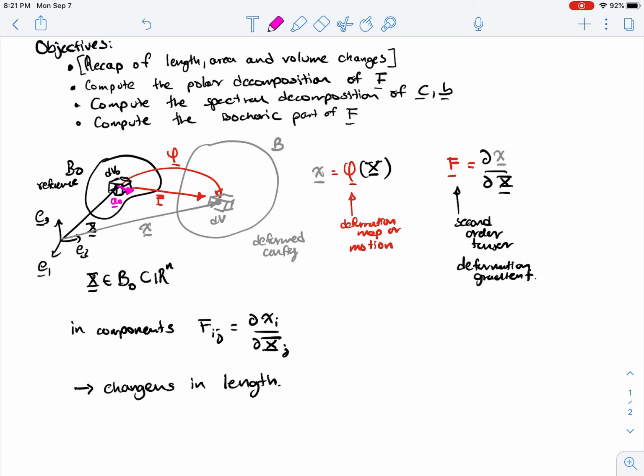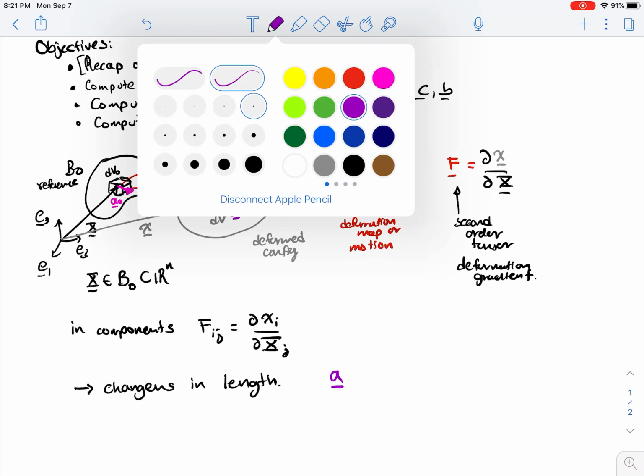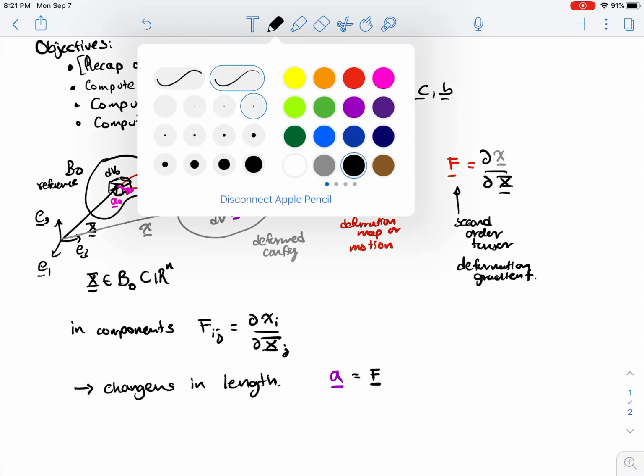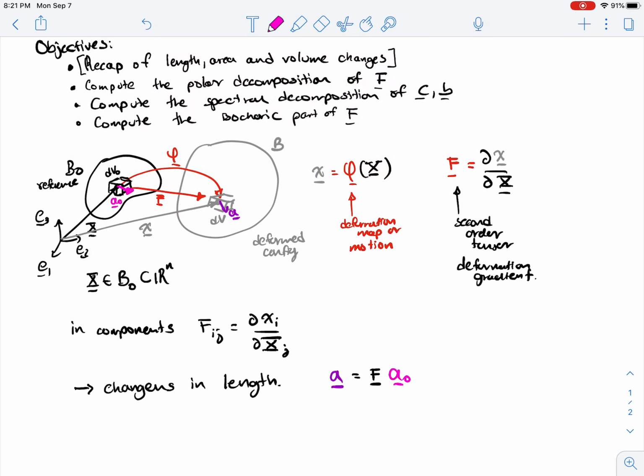Well, that vector gets mapped when I apply the deformation to some other vector A, and that map is given by applying F to the original vector A naught. So we are applying this second order tensor to the vector, we get back a vector, and that vector is going to be probably rotated and stretched.